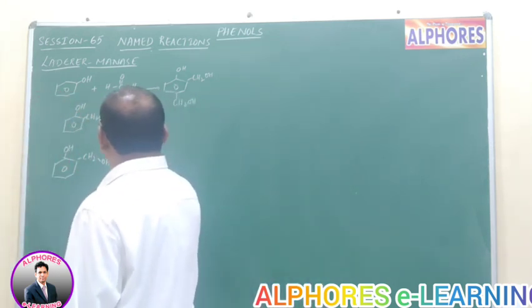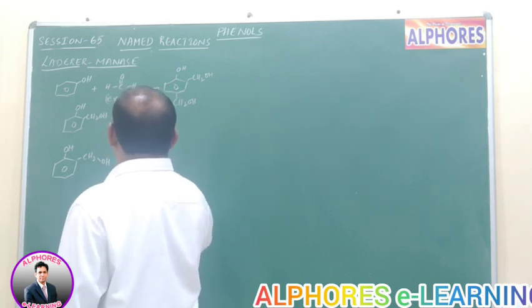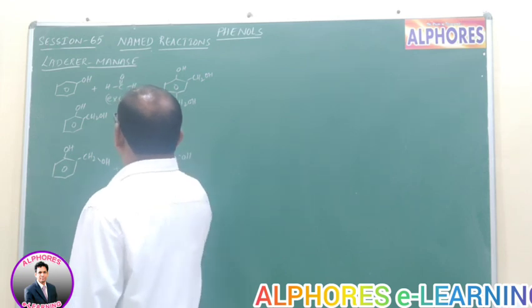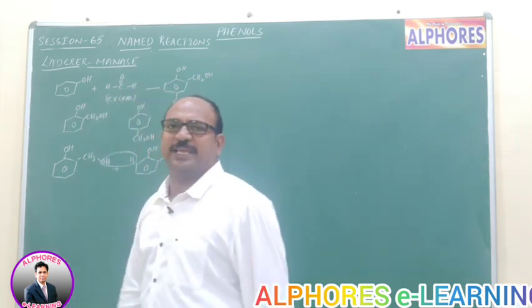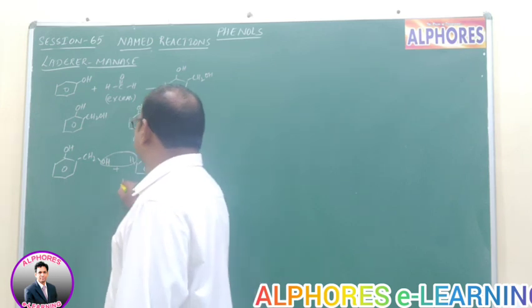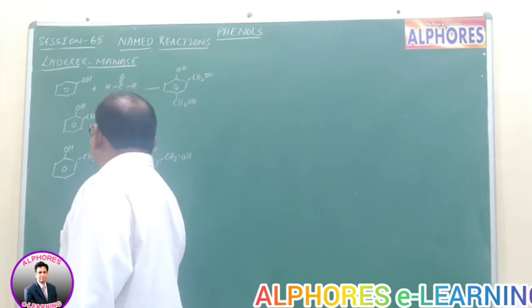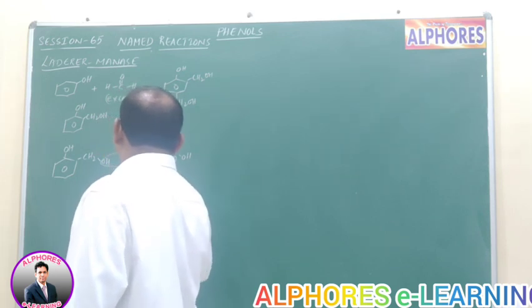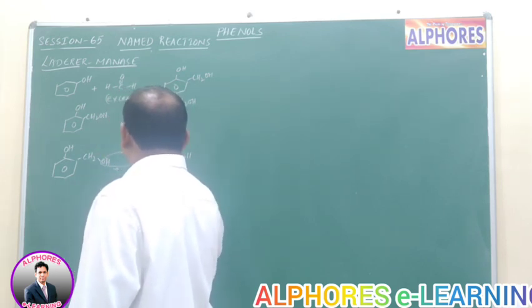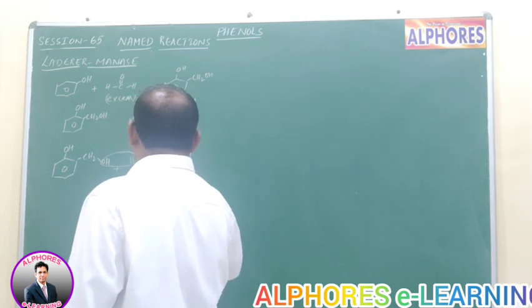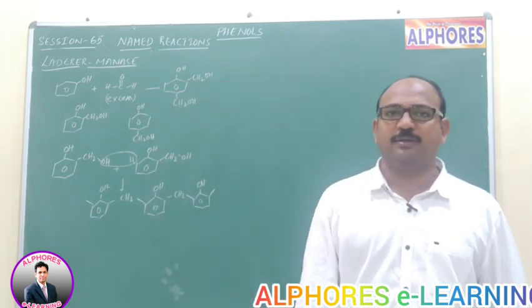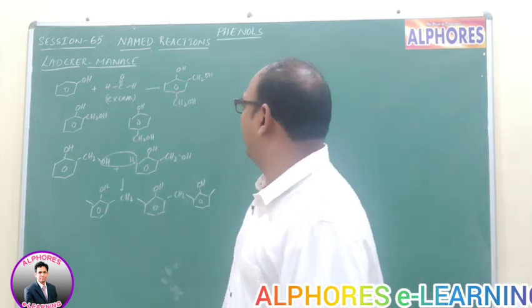This upon reaction with one more OH, CH2OH, condensation takes place, and the resultant product we get is OH, CH2, CH2. If this chain extends like this, then the result is a polymer, a linear polymer. This is what we call a linear polymer.